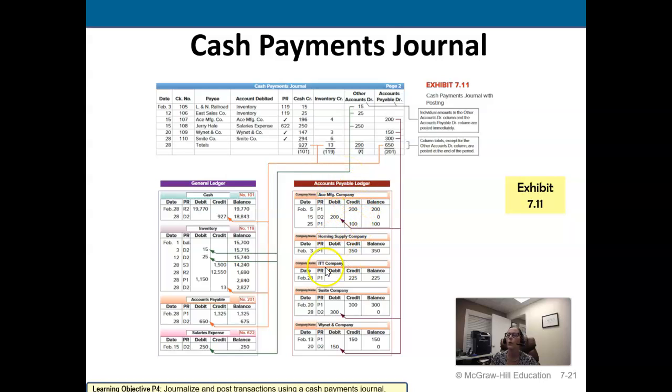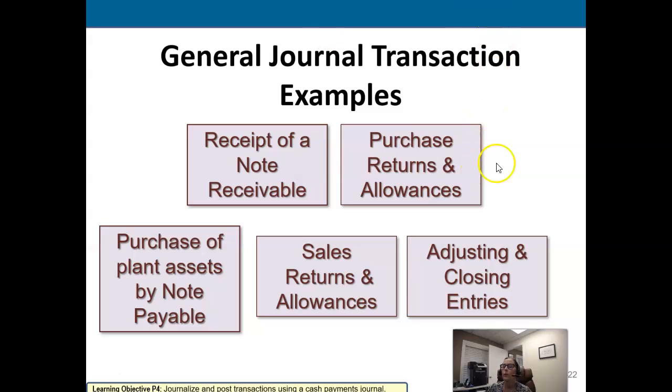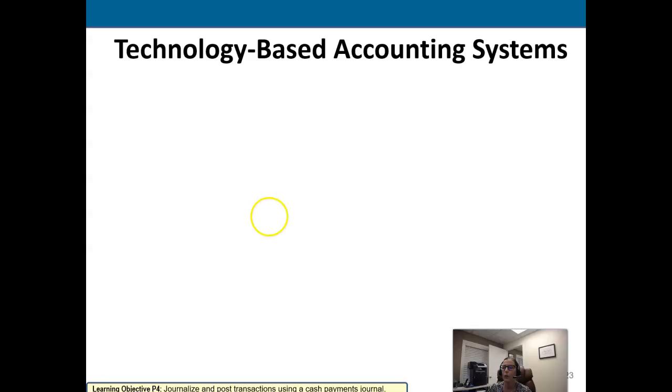And so we want to make sure that we are recording in the controlling ledger as well as the individual vendor ledgers, and then the specific accounts are also updated from the cash payments journal. So these are just a small variety of the transactions that you are likely to see in the general journal.